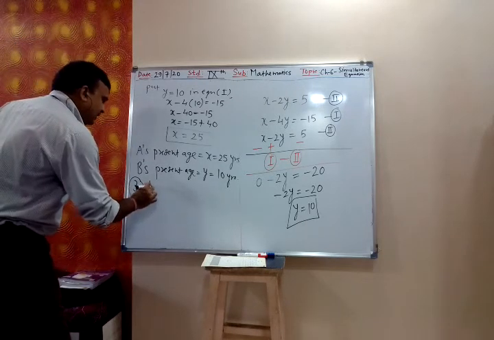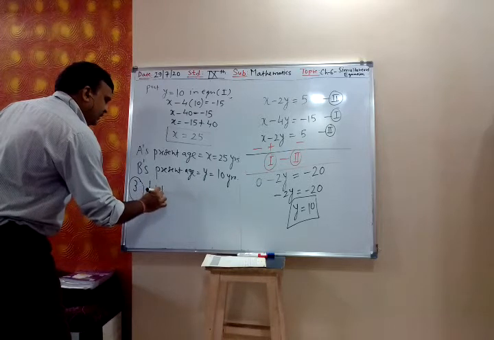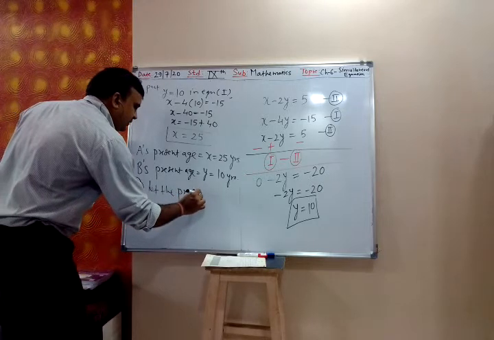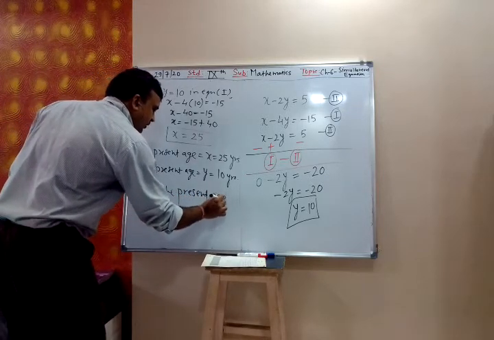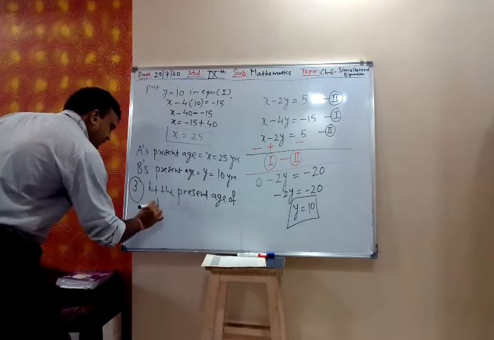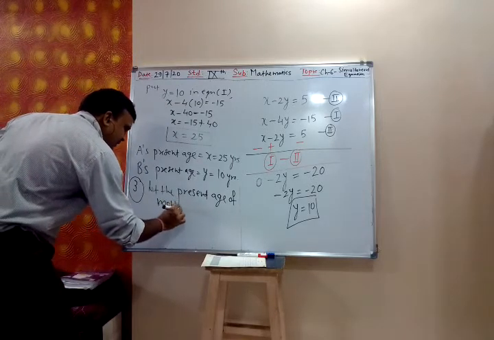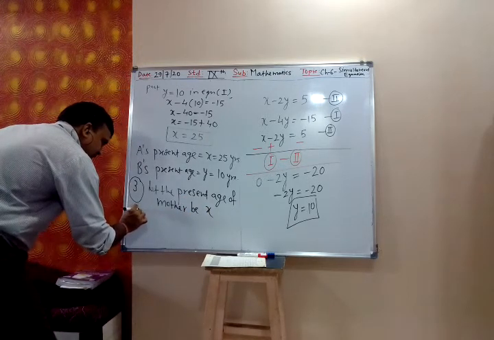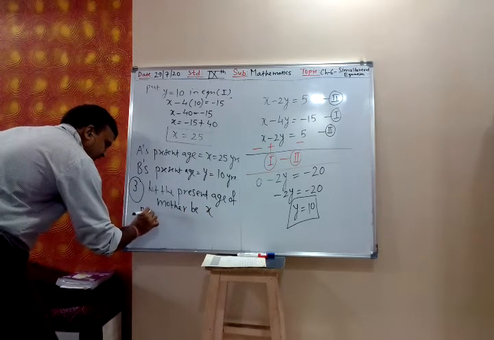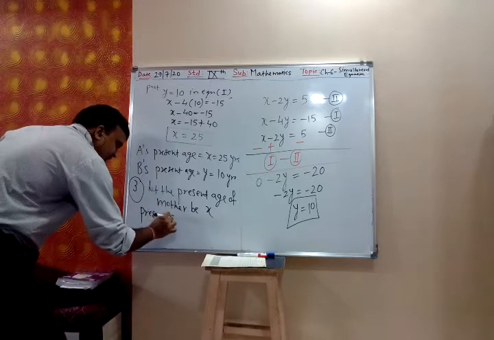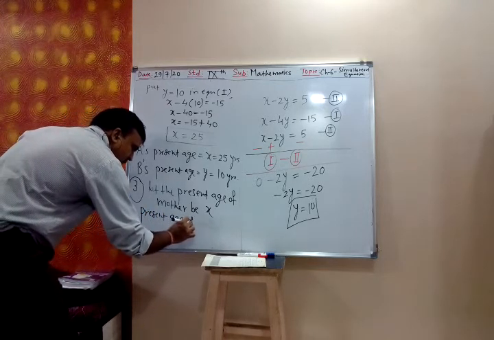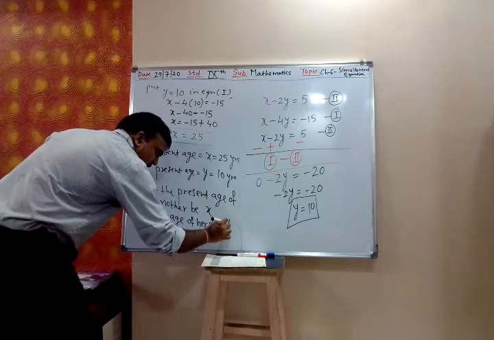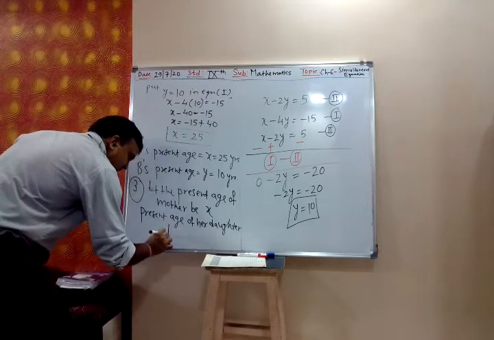So we write: let the present age of mother be x, and the present age of her daughter be y.